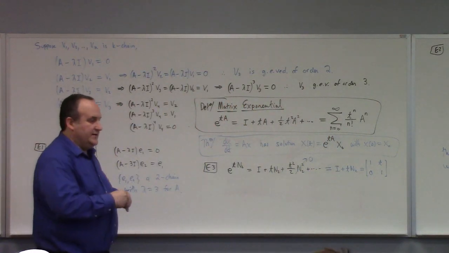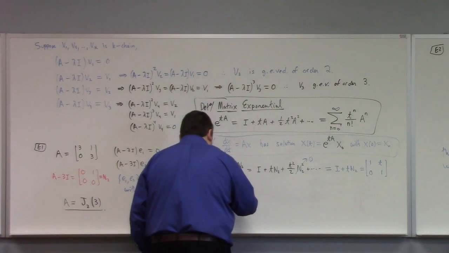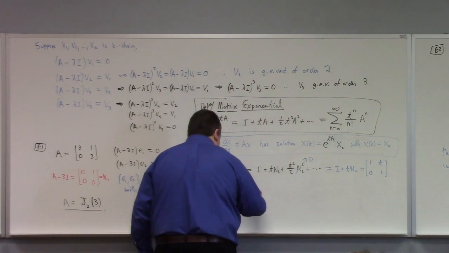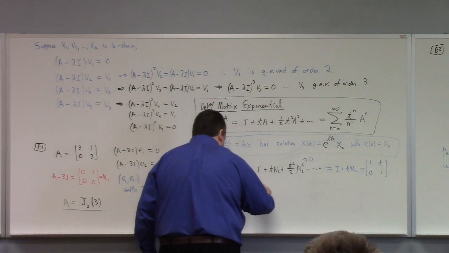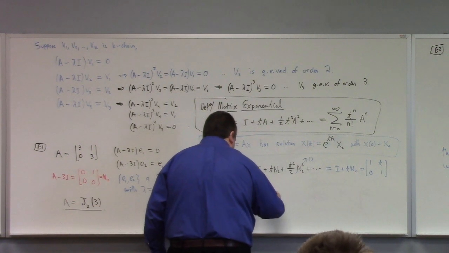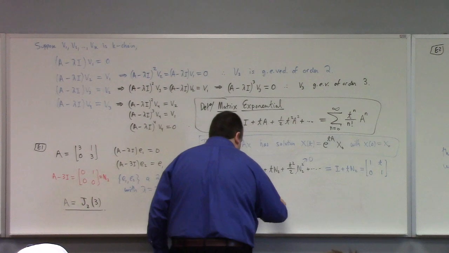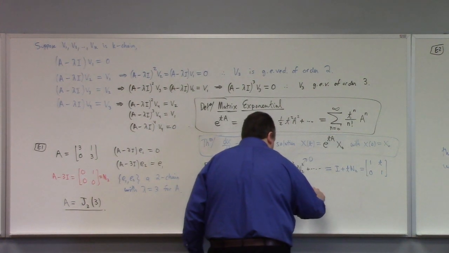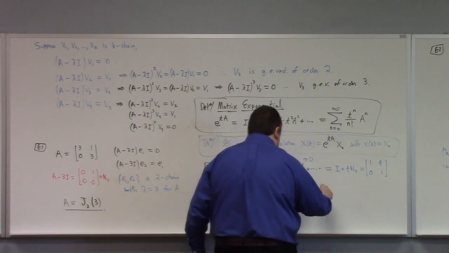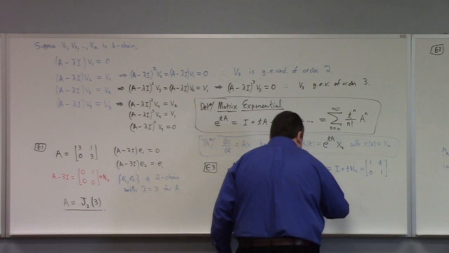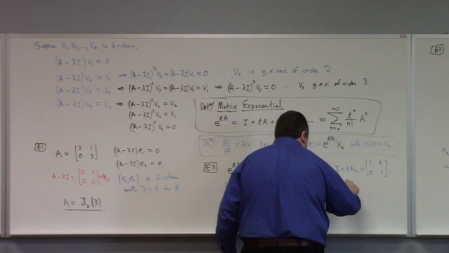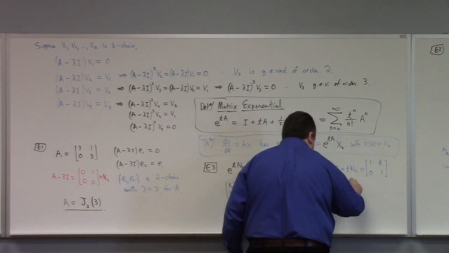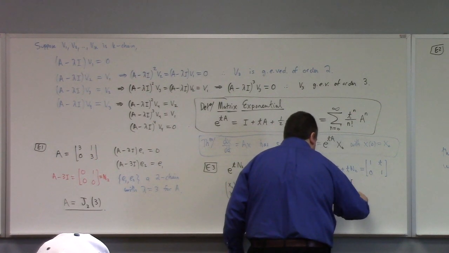So what I'm claiming is simply this. If I look at the differential equation x1, x2 prime is equal to 0, 1, 0, 0 times x1, x2, it has solution x of t equal to 1, t, 0, 1 times my initial vector.